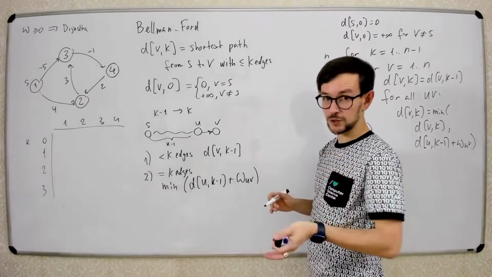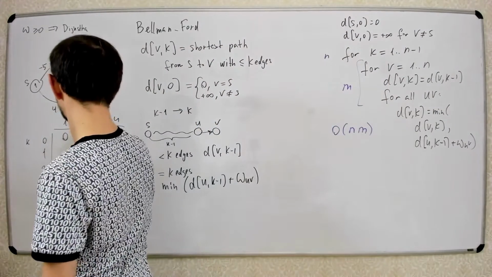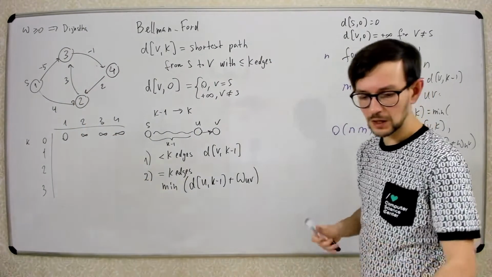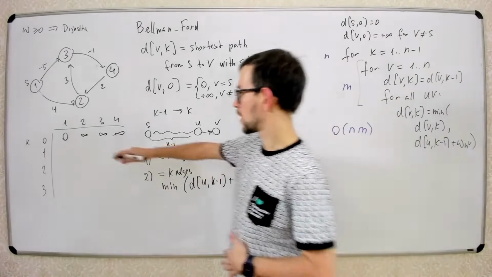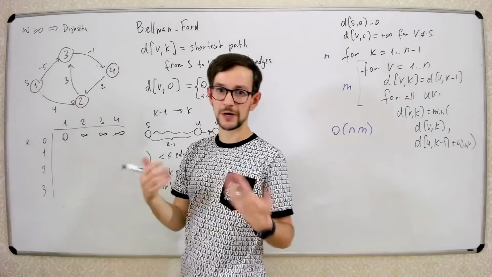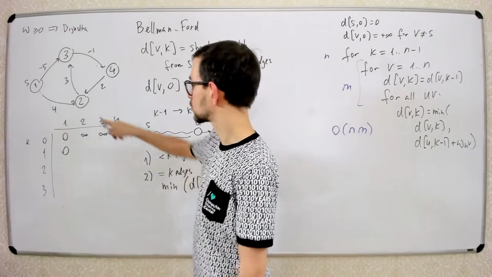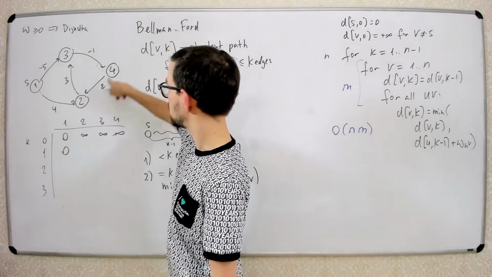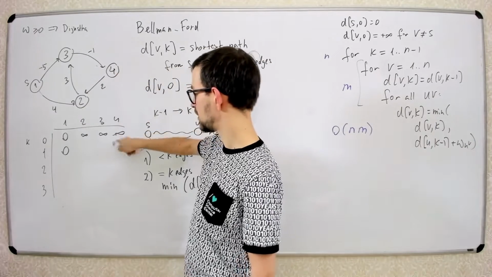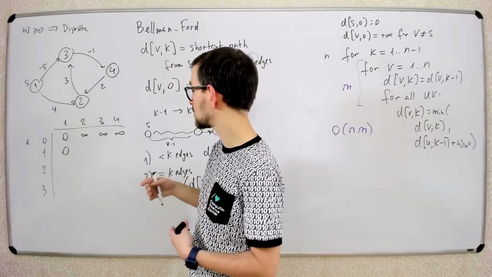So first, when k equal to 0, then we have 0 for vertex S and plus infinity for all other ones. Now we move to k equal to 1. Let's look at vertex 1. For vertex 1, we have no incoming edges, so the length is still 0. For vertex 2, we have ingoing edge from node 4, but the distance to node 4 is plus infinity, so the sum will be infinity plus 2, it's still infinity, so it doesn't matter.